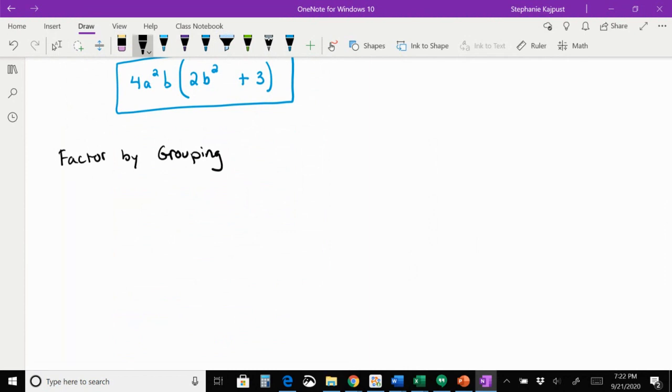So let's say we want to factor by grouping, 4x squared plus 6xy minus 2xy minus 3y squared.